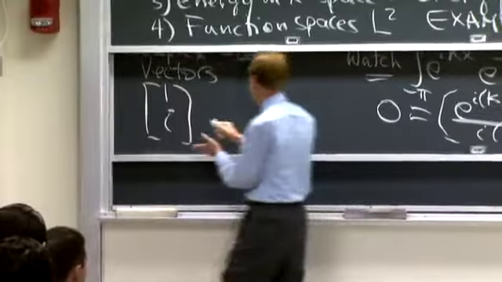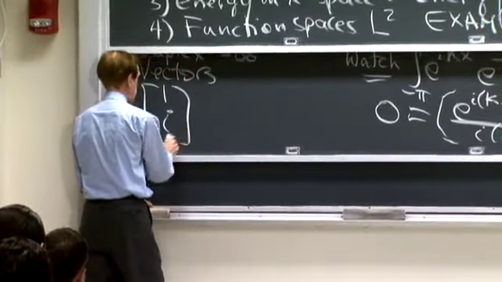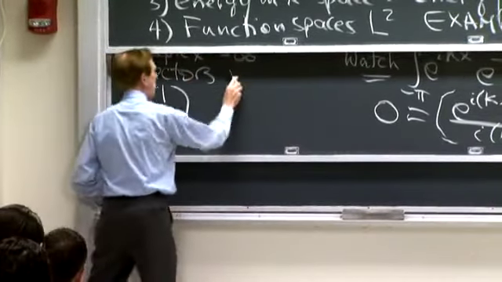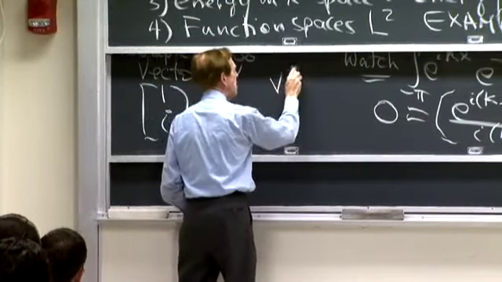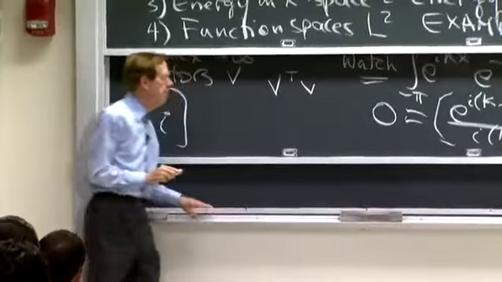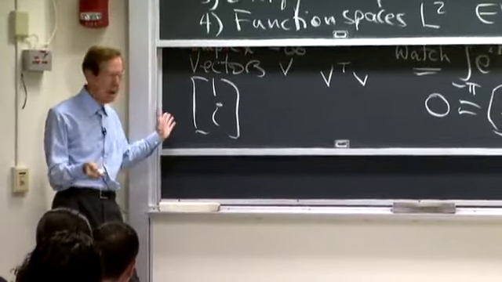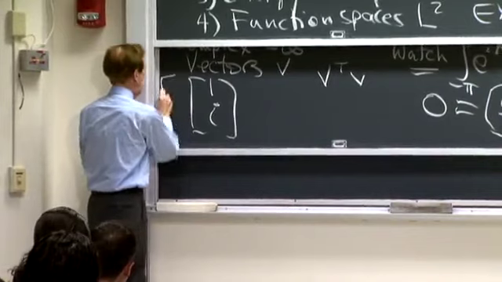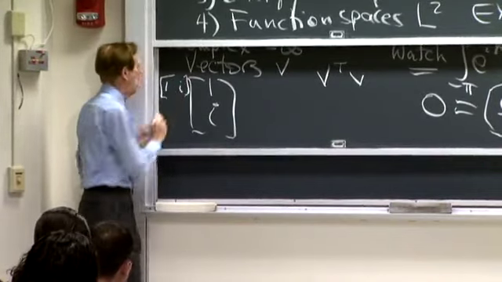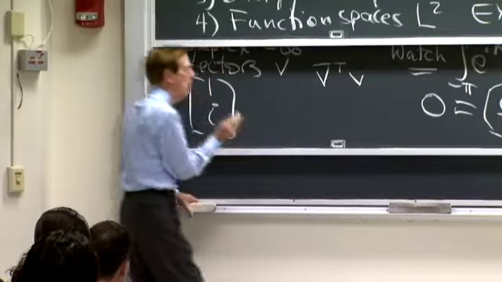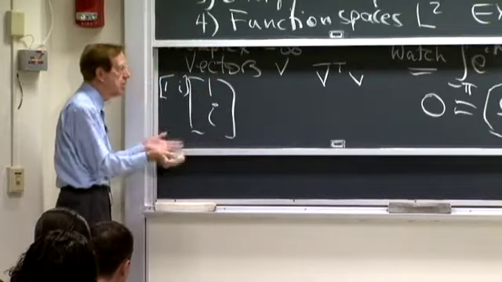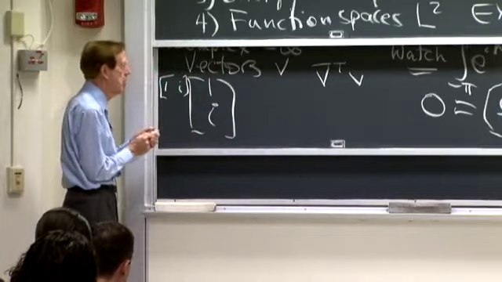So the length of this squared, let me call that vector v. I want to take not v transpose v. That's the thing that would give me 0 if I did (1, i). I have to take the complex conjugate of one of the two factors, and it's just a matter of convention which one you do.